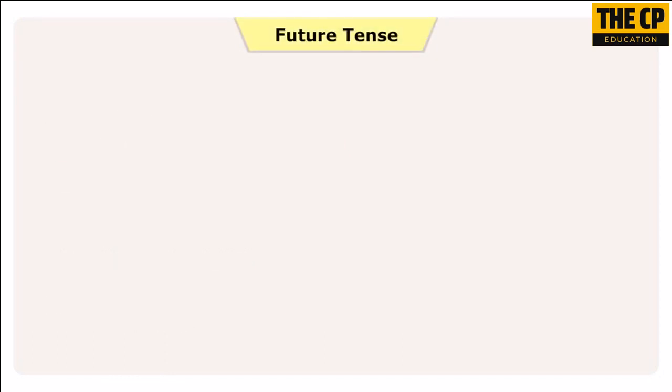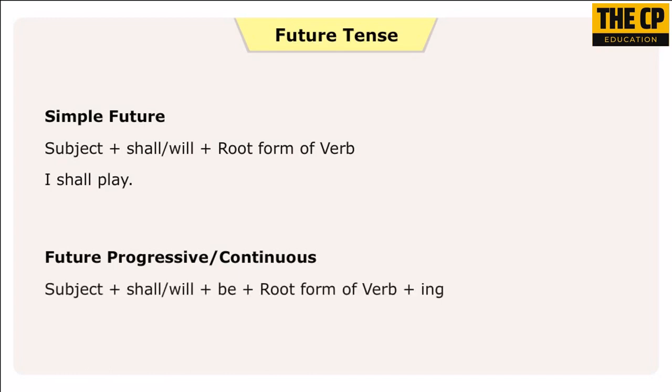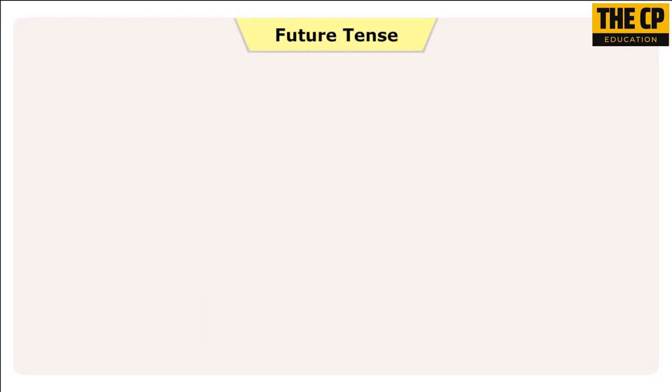Examples of future tense. Simple future: subject plus shall or will plus root form of verb. I shall play. Future progressive or continuous: subject plus shall or will plus be plus root form of verb plus ing. I shall be playing.